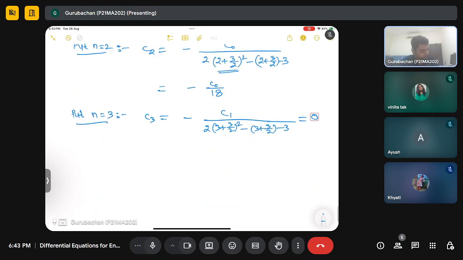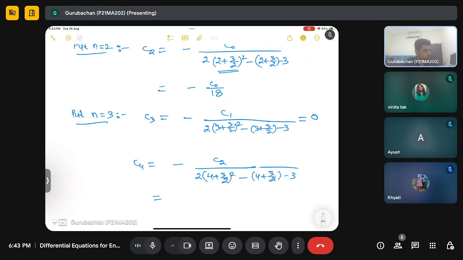Next, C4 will be minus C2 divided by 2, 4 plus 3 by 2 whole square minus 4 plus 3 by 2 minus 3.